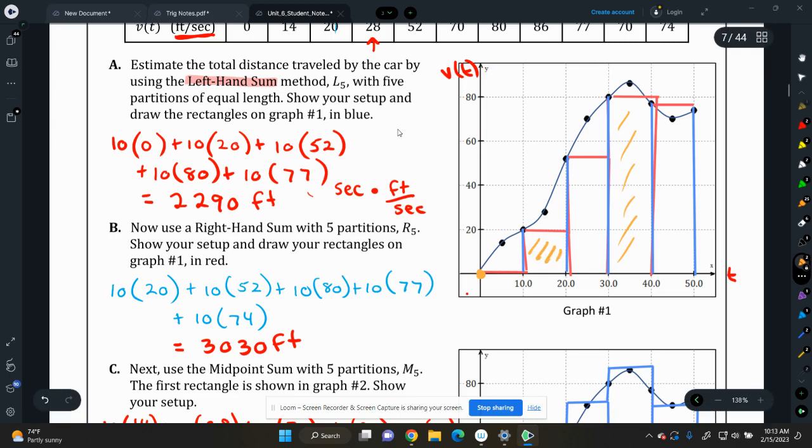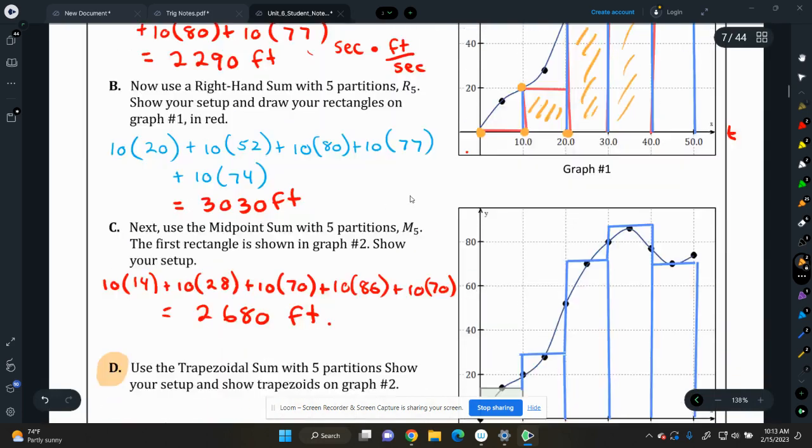This rectangle, we're using t equals 10, so we're using the height of 20. In this rectangle, we're using t equals 20, so we're looking at a height of 52. Okay. I see where it's different, like that angle. Because the rectangles look similar, but it's where the y value is. Yeah. Okay. Other questions?